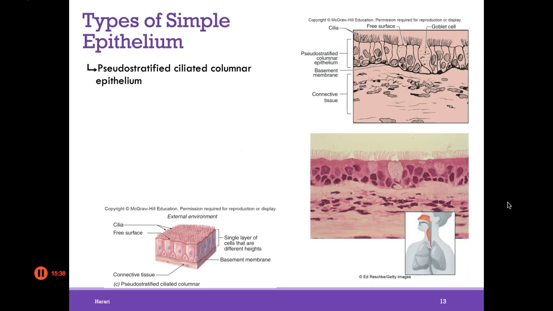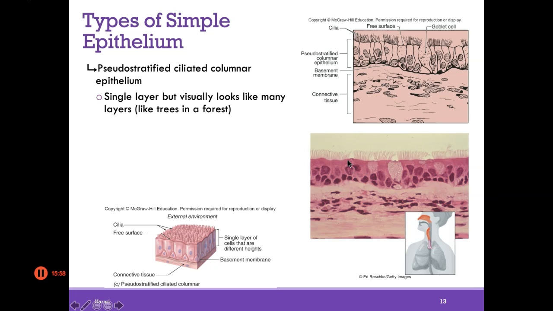Next, we have pseudostratified ciliated columnar epithelium. So this is a little trickier because in pseudostratified ciliated columnar epithelium, it's still a single layer. So it's still simple epithelium, but it visually looks like many layers.